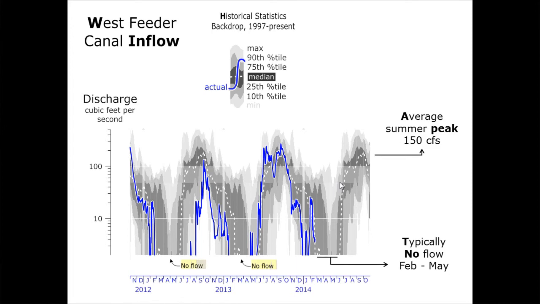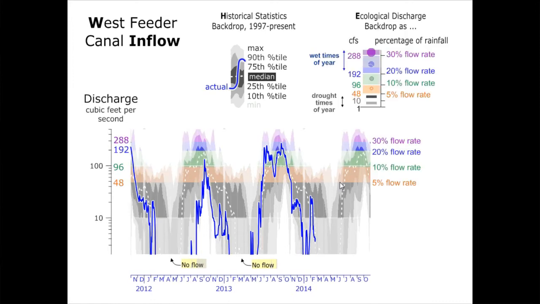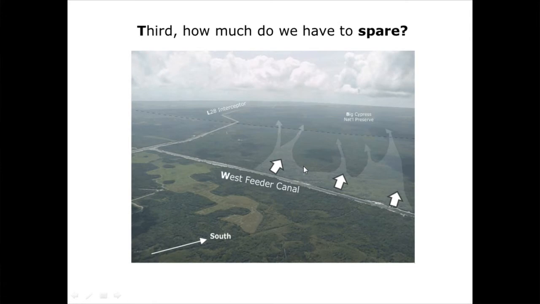The take-home point here is that the average summer peak is around 150 CFS, and typically there's no flow from February to May. Now, if we superimpose our desired target flows, 5% would be this orange line, and the 10% would be the green line.